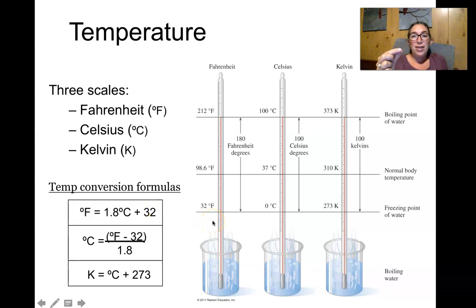So it takes into account the difference in the size and the offset. So these are the temperature conversion formulas that we use to convert from Fahrenheit to Celsius, and Celsius to Fahrenheit, and Kelvin to Celsius, etc. You don't have to memorize these formulas. You're free to look them up and use them, but you have to be able to use them correctly.